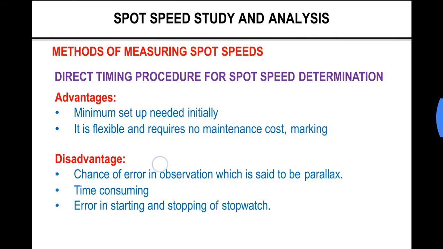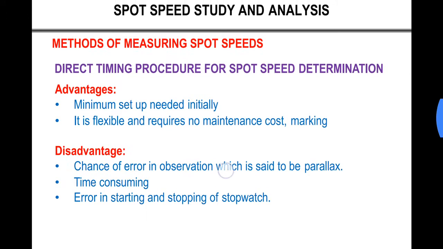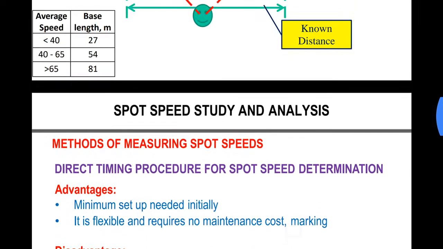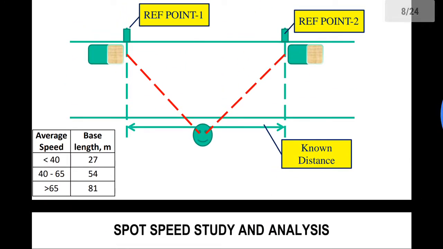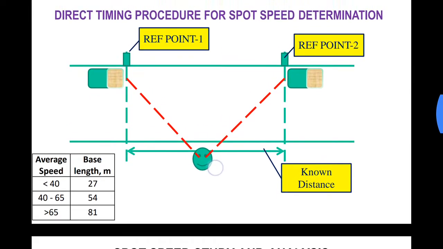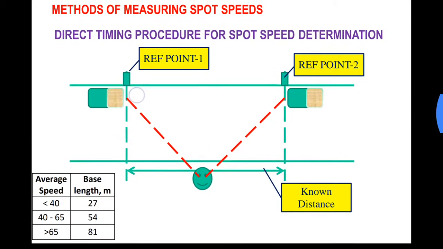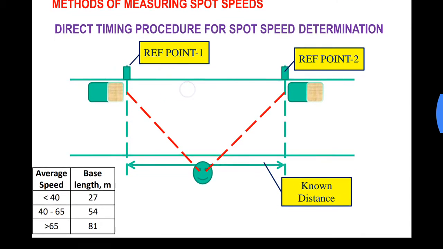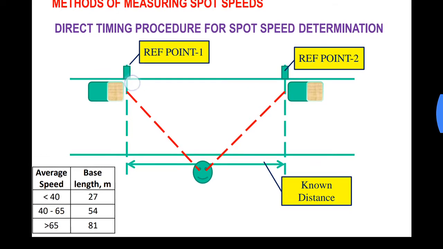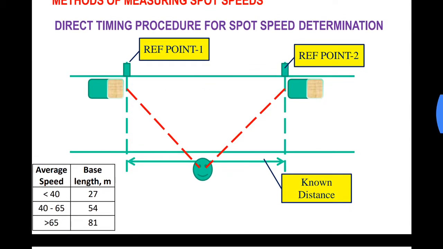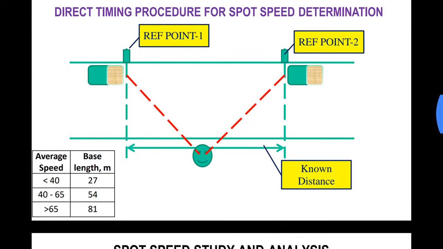What are the disadvantages? There are chances of error in observation, which is said to be parallax. We can have a parallax error because this surveyor is placed at midspan, and he might not observe the exact time of passing of the vehicle about this point, since he is at an inclined angle.